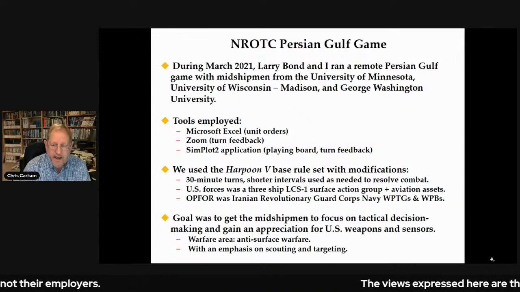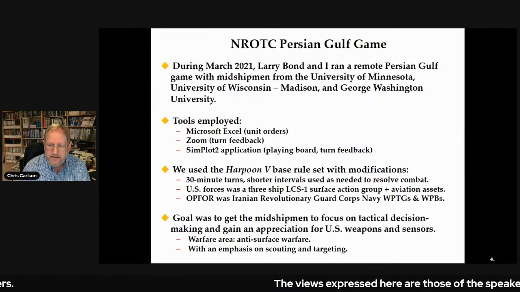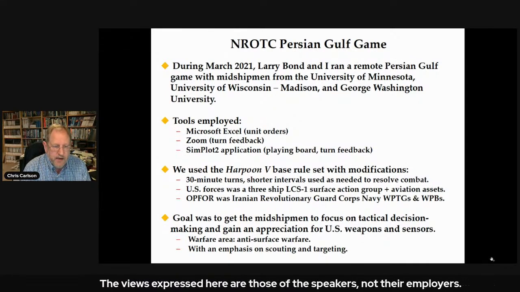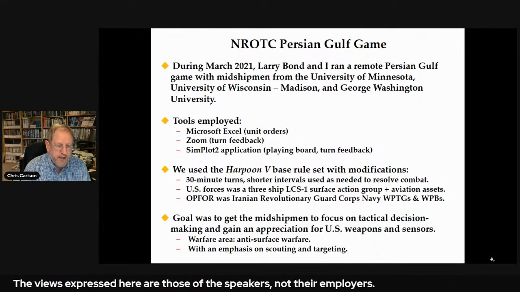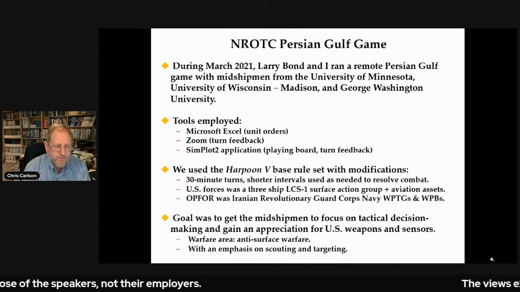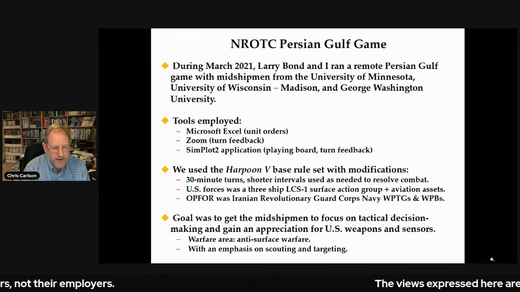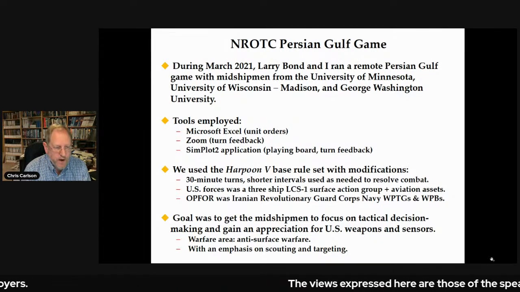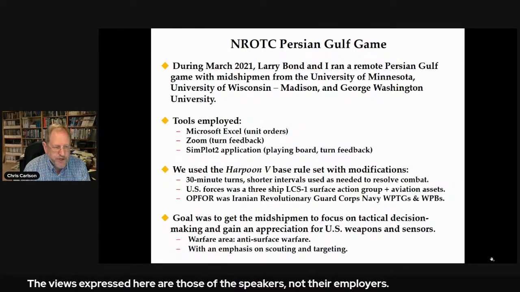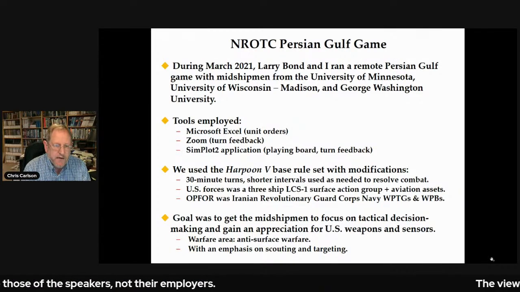The nice thing about having such distances in terms of turns, 2 days, is that adjudication wasn't a problem. It was done semi-automatic, if you will. We had spreadsheets set up that had every possible combination of weapons and target with a final probability of hit, and we just used a random number generator to give us what came out of it, and then that was folded back in.